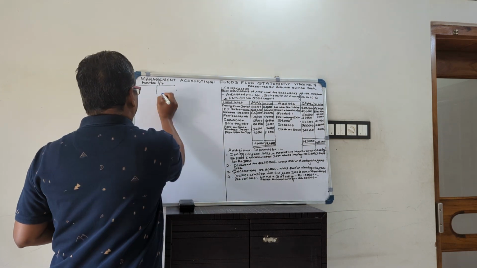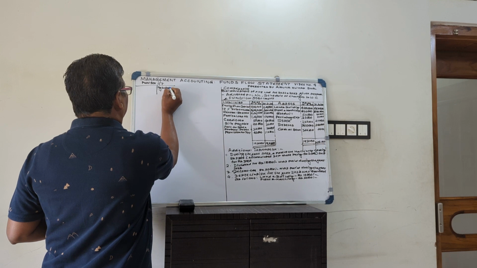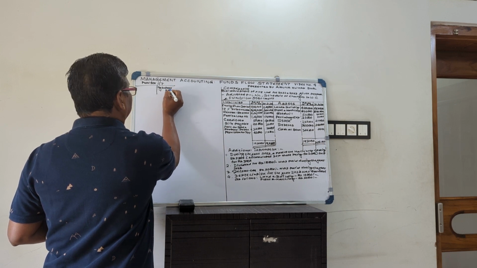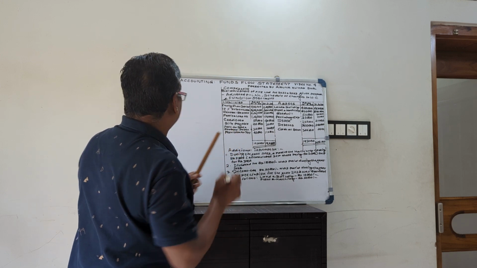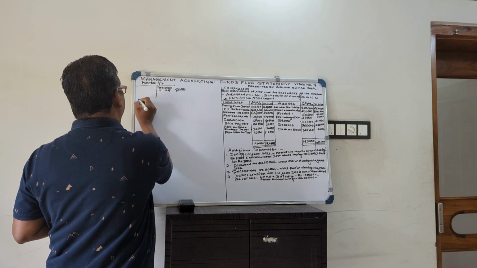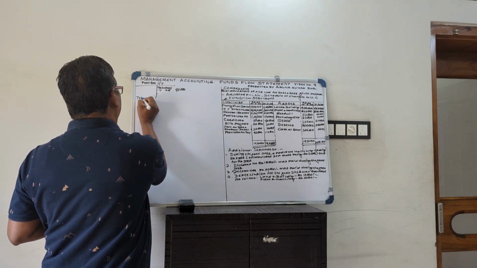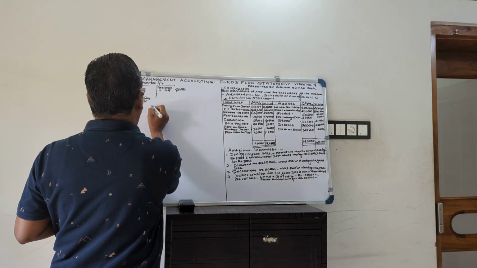On the credit side, write by balance brought down, the amount was 40,000. Then at the end we will write to balance carried down, that is 1,10,000.